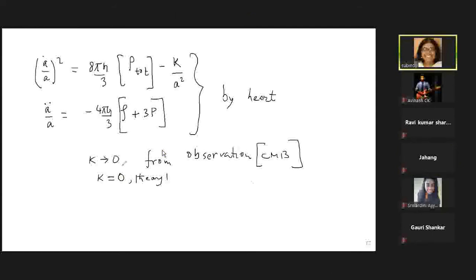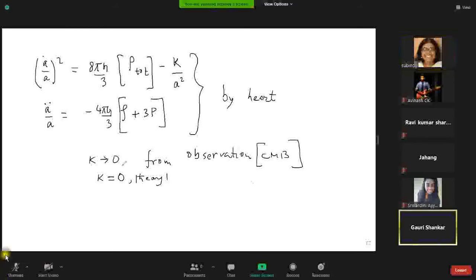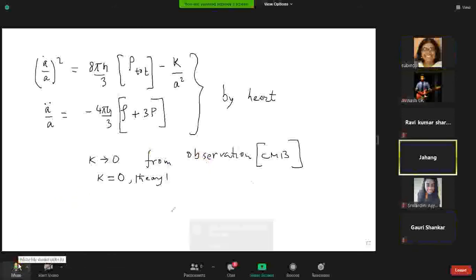Shall I wait, or shall I erase it immediately? You need to keep it in your notebook to solve something. All of you have noted down? Okay.